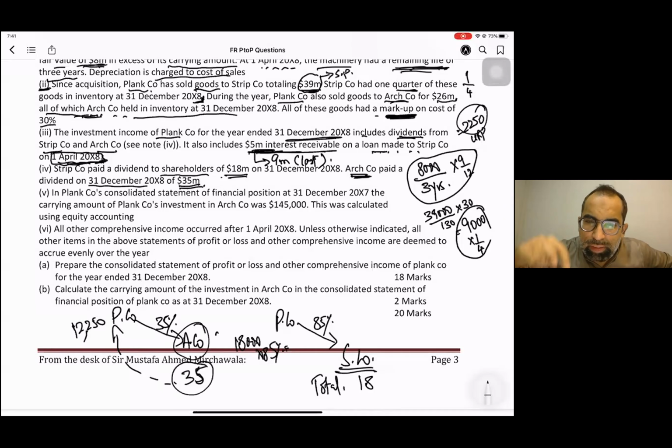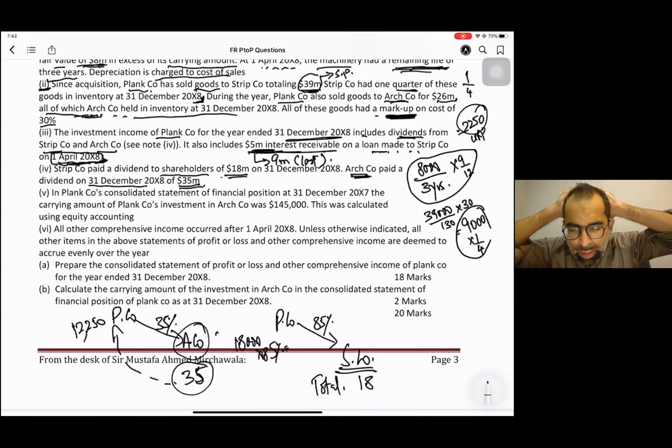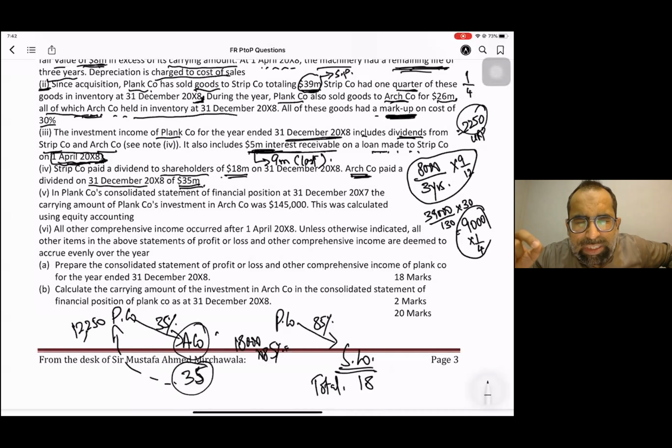Okay, now look at me. Are we allowed to record this 12,250 as an investment income in consolidated books? The answer is no. For an associate, no, because we have already recorded the associate's share of profit using profit after tax of A company, and these dividends are already included as part of the associate's share of profit.